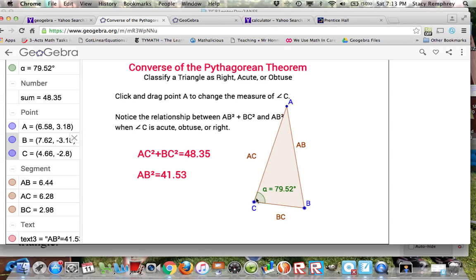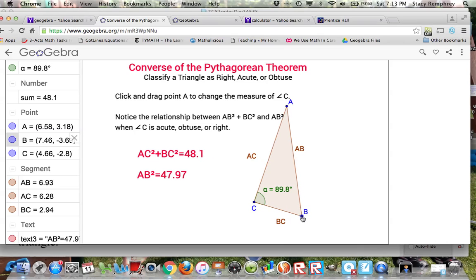So what I'd like you to do is we're going to look at the side across from here, okay? And I just want you to compare the a squared plus the other one, which are these two segments, the squares. So when we make it a right angle, I'll do my best to get as close as I can.